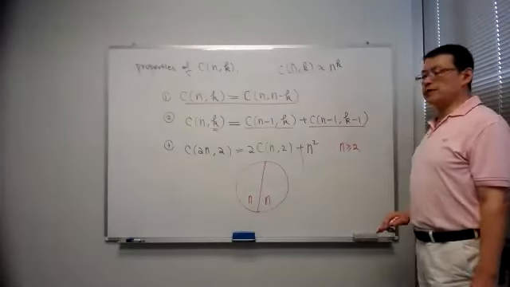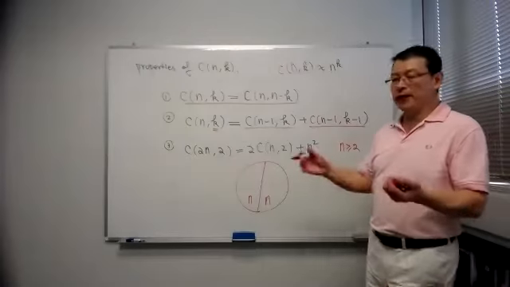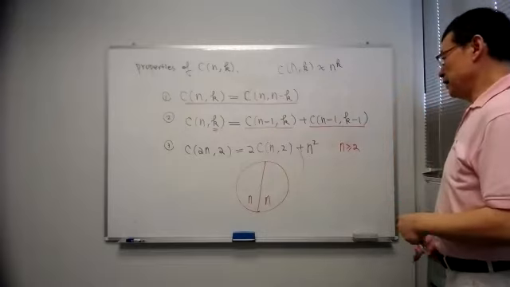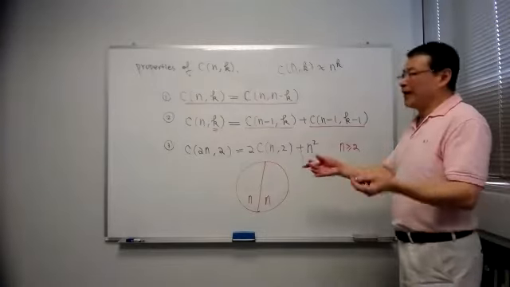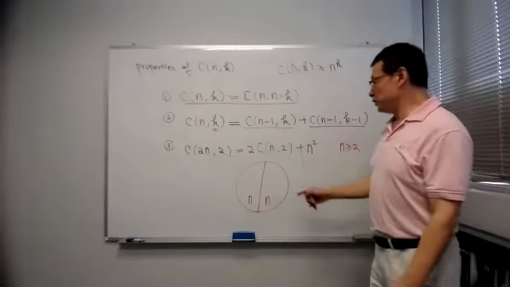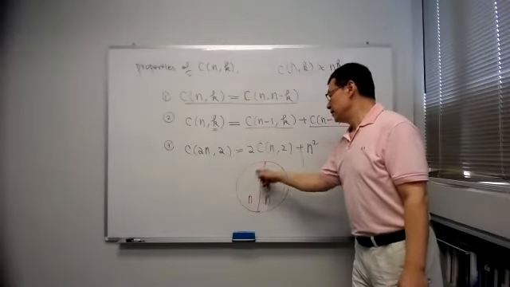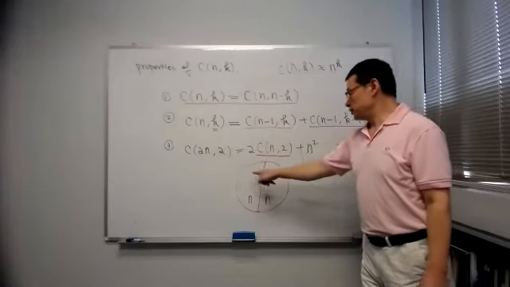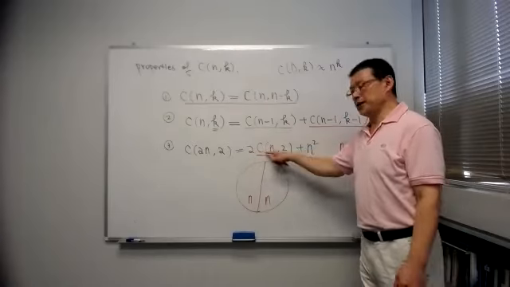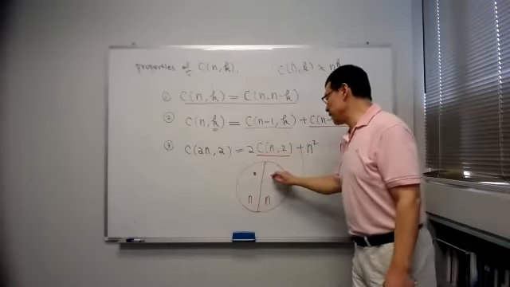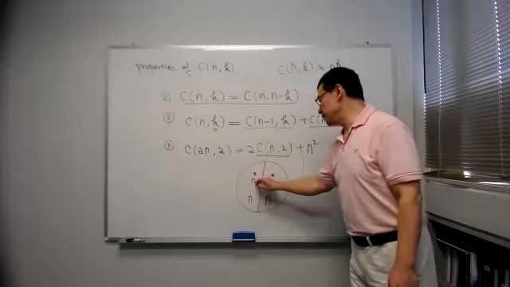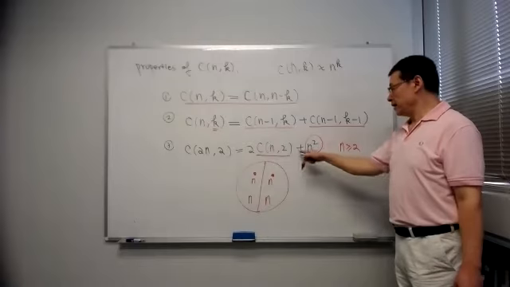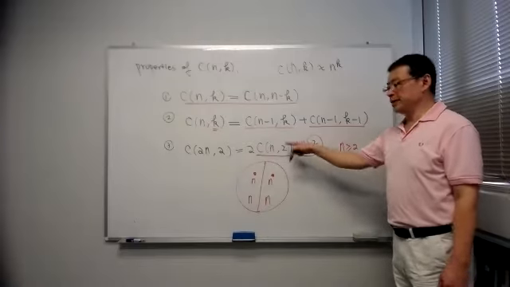There are three possibilities: either choose two elements from this side, or choose two elements from this side, which gives 2 times this one. Or I choose one element here and one element here. There are n possibilities here and n possibilities there, so using the product rule and the summation rule, that's how we get it.